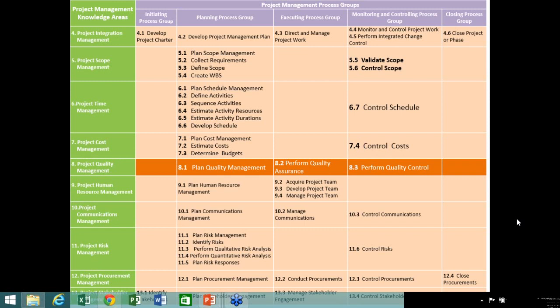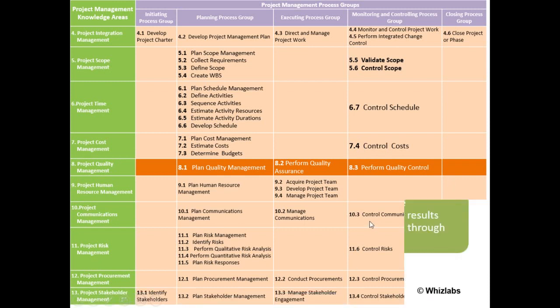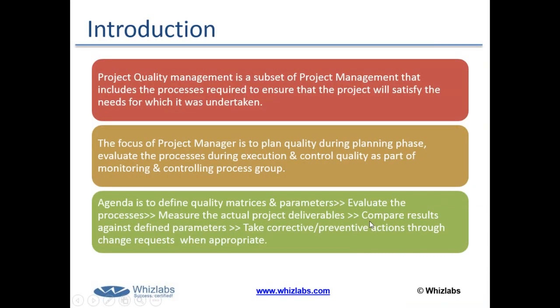But in quality, while we are assuring the quality, that comes as part of the executing process, right? Yes, sir. Because we plan for quality, but then are we getting that quality? Are we following the right processes? All that actually happens during execution.